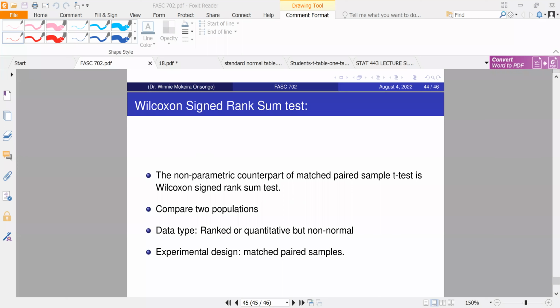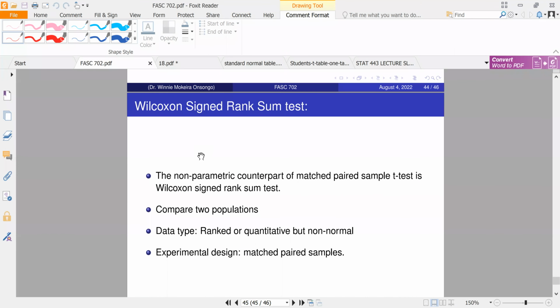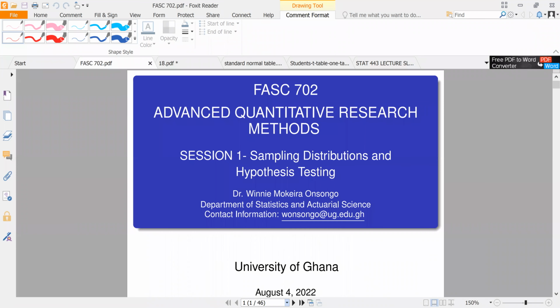So I think this marks the end of this session. This marks the end of this session on data analysis for quantitative research methods on the case of sampling distributions, hypothesis testing, and also inference.